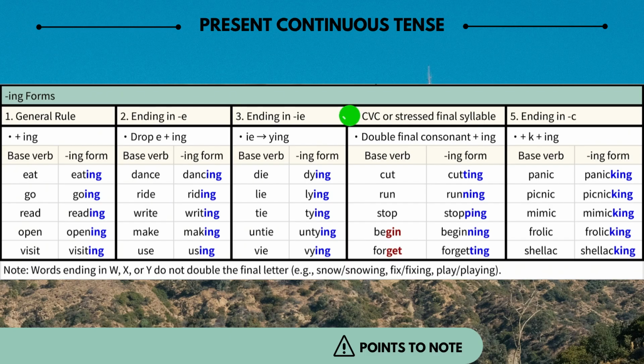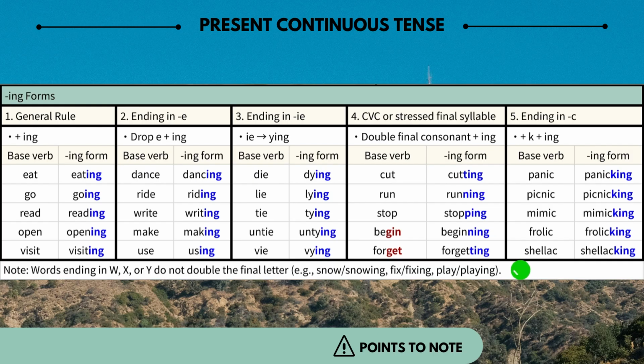Examples in sentences: he is running fast, she is stopping the car, they are beginning the lesson. Why do we double the consonant? It helps keep the original pronunciation of the word. A simple rule is: double the final consonant and add ing.